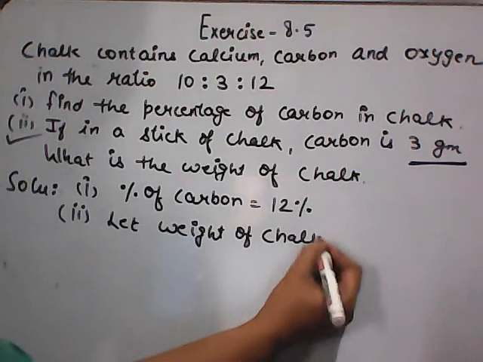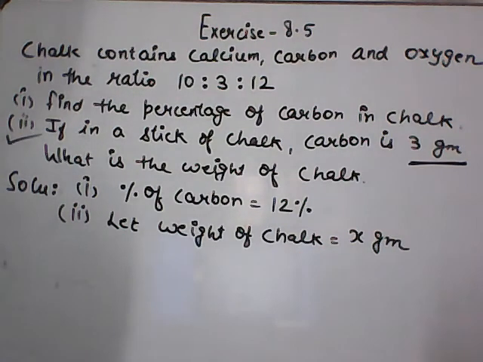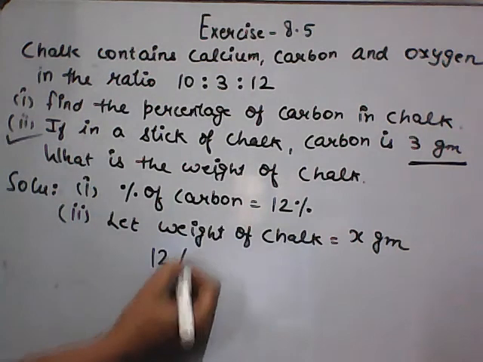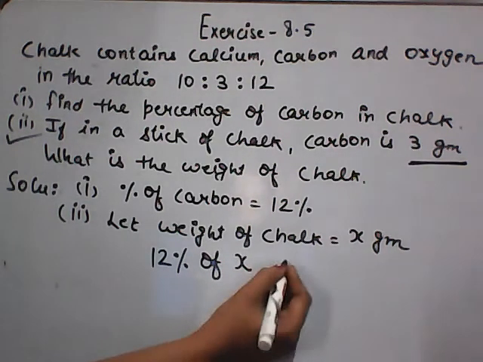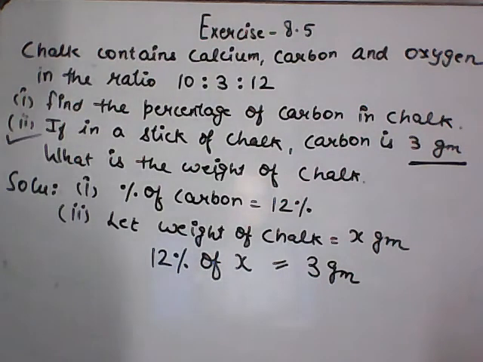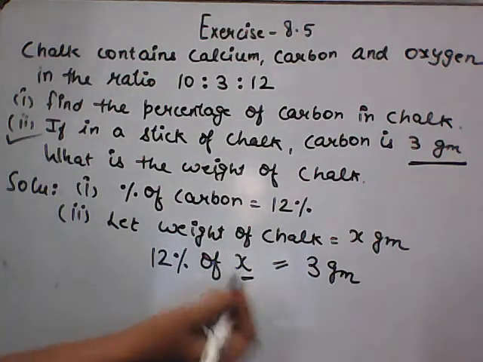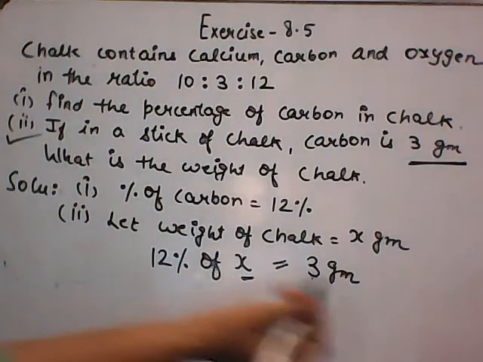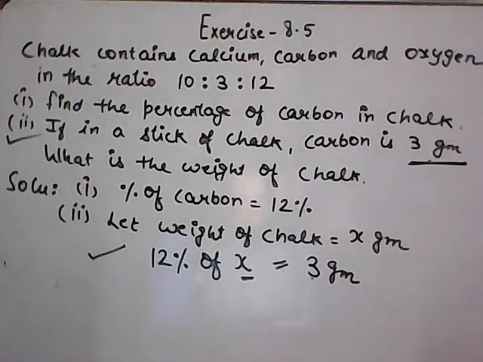Now 12% of carbon, 12% of total weight, is 3 gram. 12% of what? 12% of total quantity is 3 gram, given to you. So, this equation is formed: 12% of total weight of chalk is 3 gram.